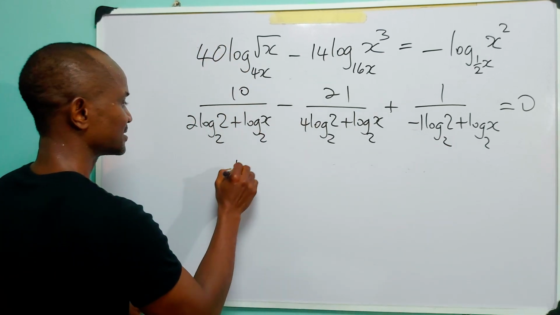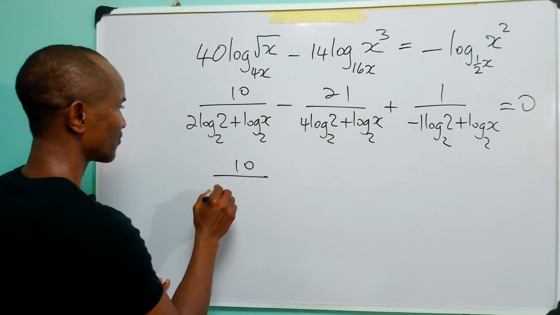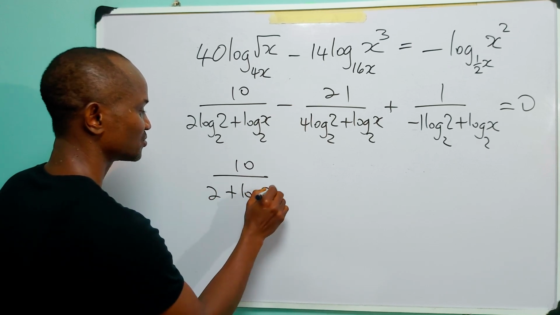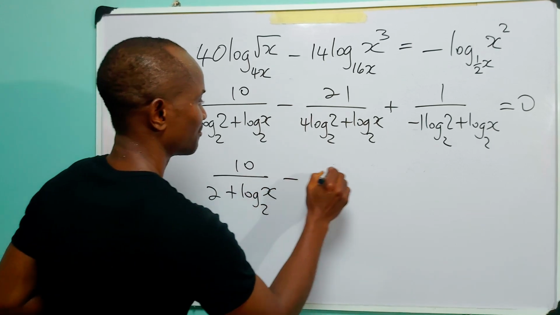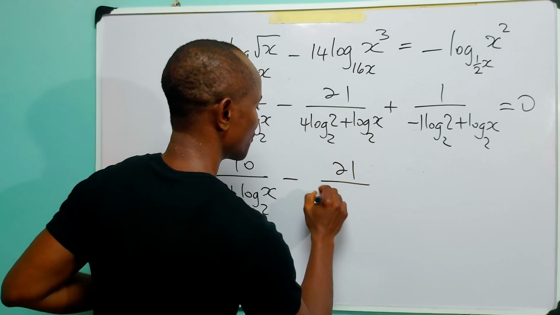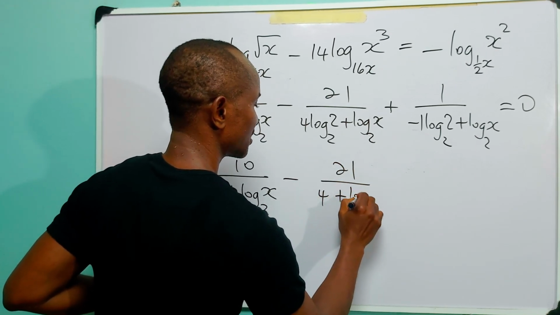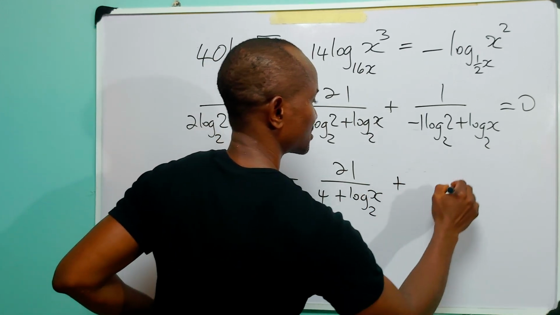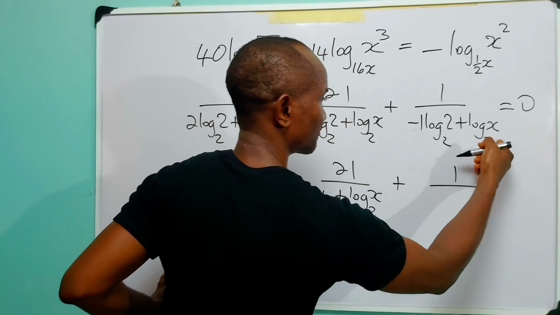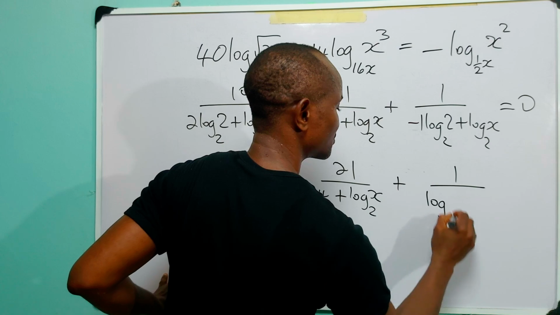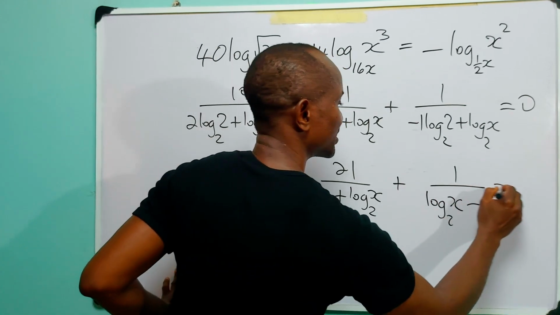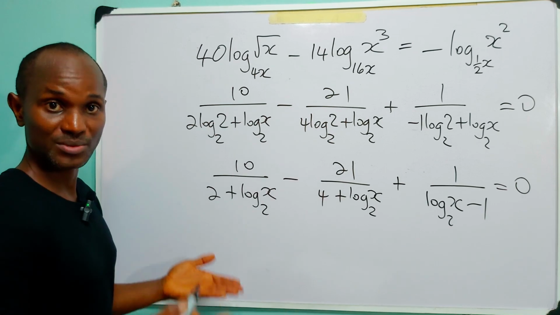So we can now write this as 10 over 2 plus log to base 2 of x, minus 21 over 4 plus log to base 2 of x, plus 1 over log to base 2 of x minus 1, and everything still remains equal to 0.